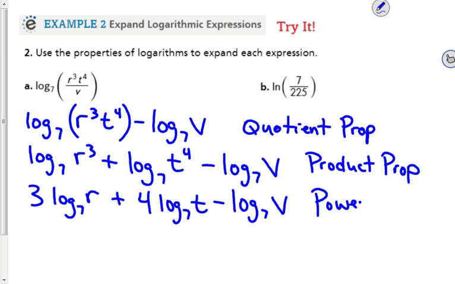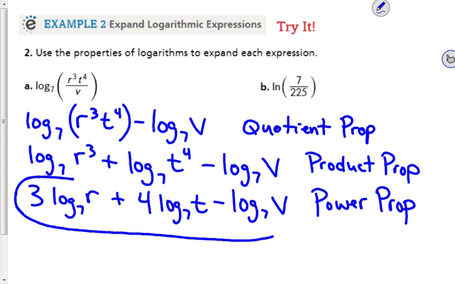And that was all the power property. So we've expanded from this single logarithm now to this expanded form that is made up of 3 logarithms added and subtracted together.